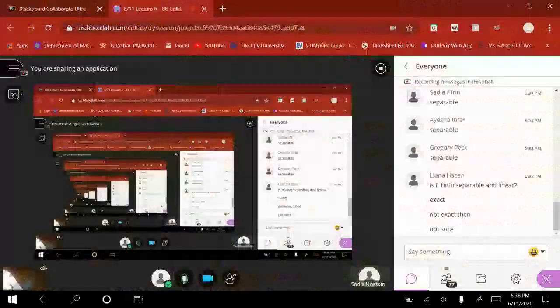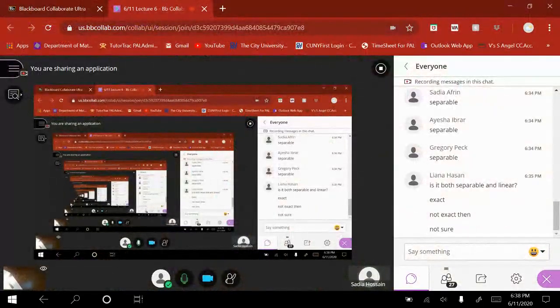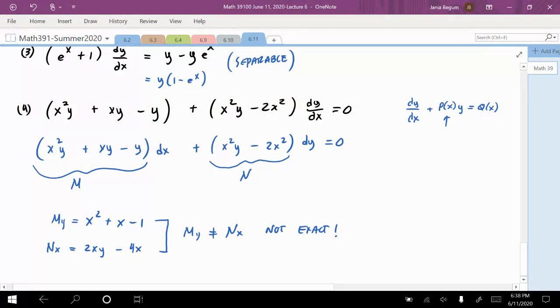Okay, what do you guys think? Yeah, not sure, right? Is it homogeneous? If you divide by x cubed all throughout. Wait, no, actually it doesn't work for the negative y. Never mind. So it doesn't look like it's homogeneous.